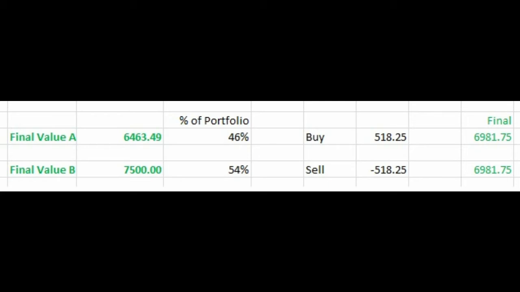So doing the math, our target is the average value of A and B, which is $6,981.75. So we need to sell $518.25 of B and buy the same amount of A. This will get both assets back to balance at $6,981.75 each.